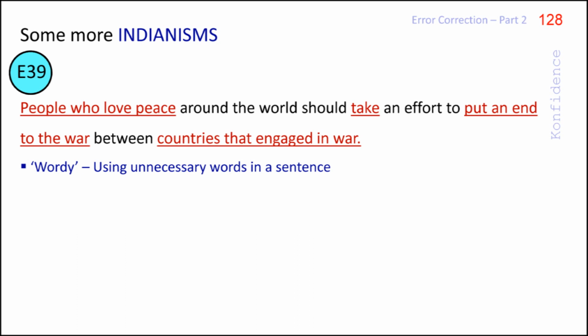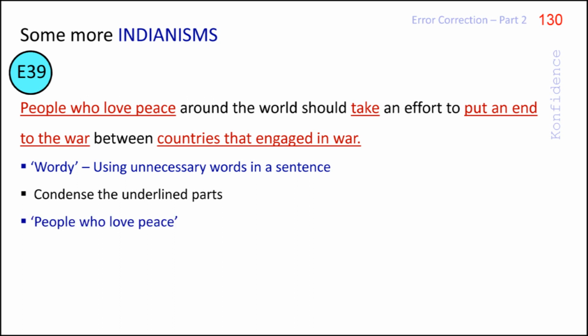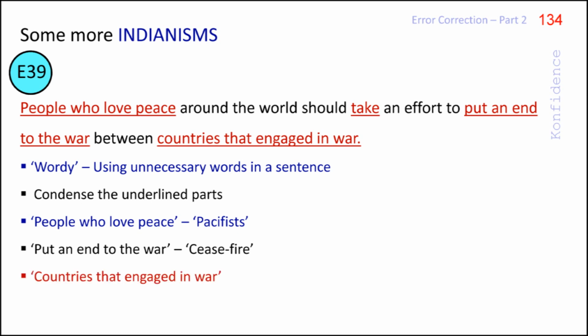In the given sentence, we can condense many of the underlined parts. For example, people who love peace into pacifist. Put an end to the war into ceasefire. And countries that engaged in war into waging countries.